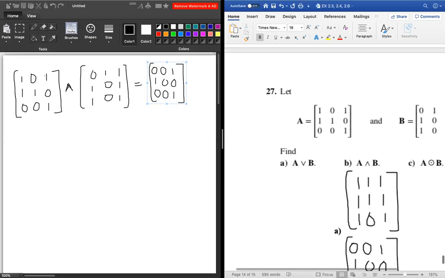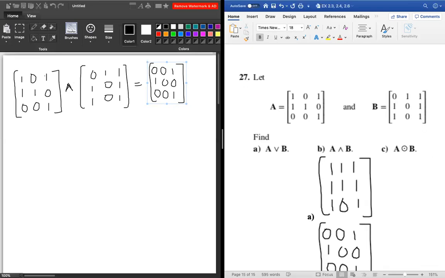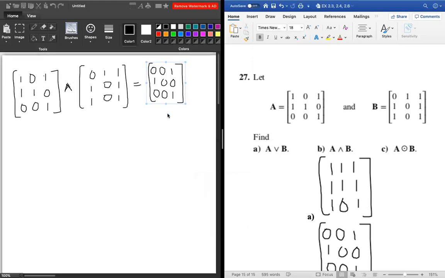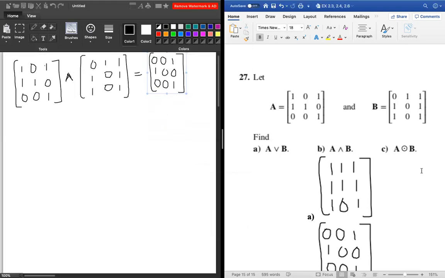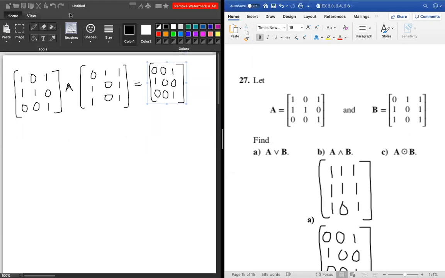Basically we have two kinds of product in matrices: a cross product, or Cartesian product, and then there is this dot product. Okay, so we will see here.